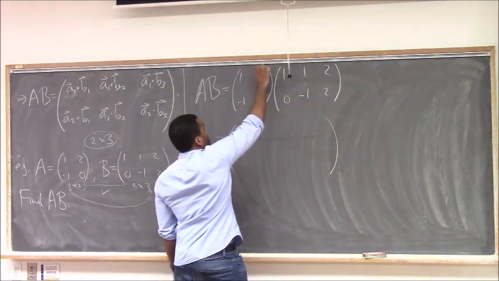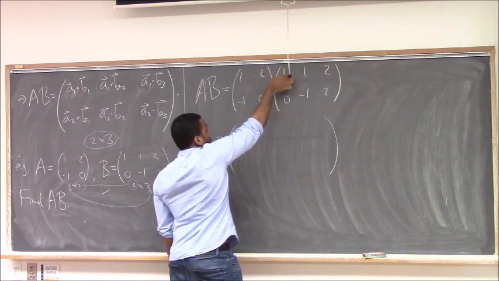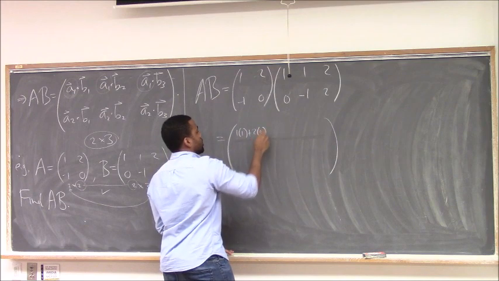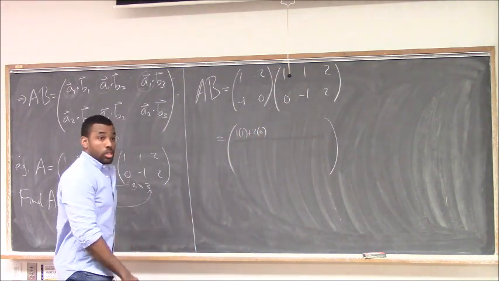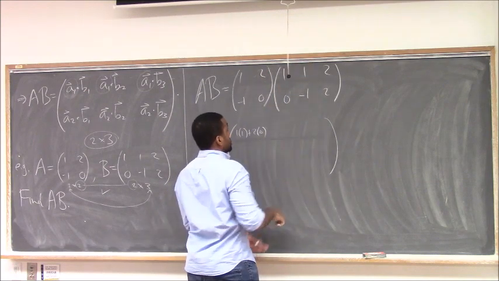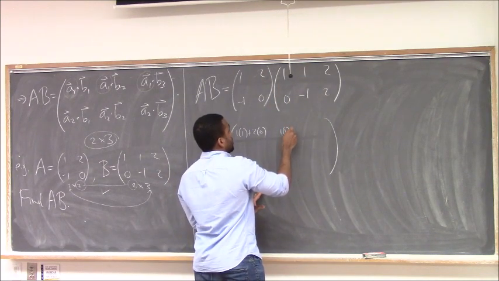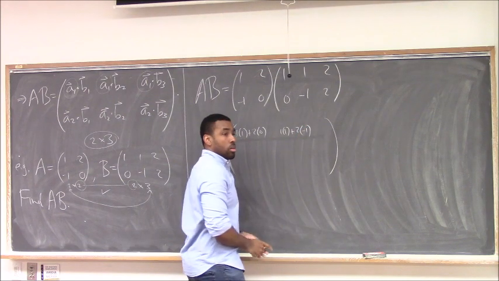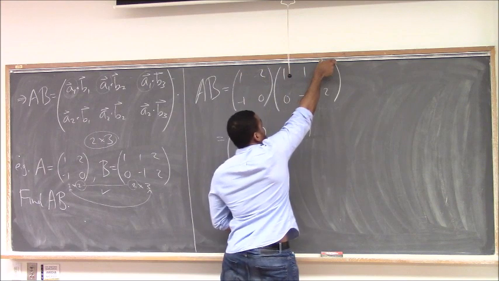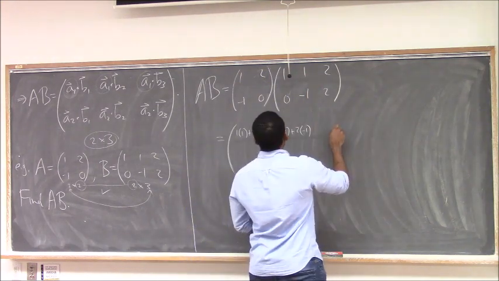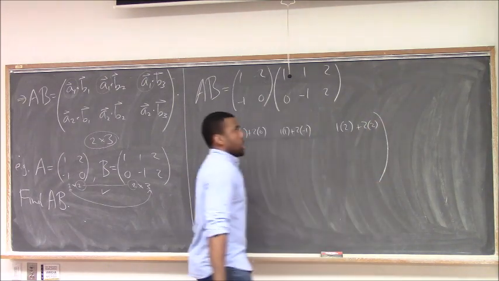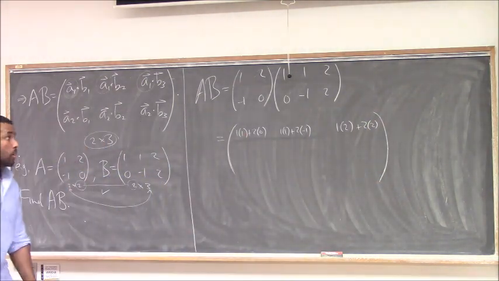So I'm going to take the first row, which is 1, 2, dot product it with this. That gives me 1 times 1, plus 2 times 0. That goes in the first position. First row, dot product with second column, goes in the second position. So that's 1 times 1, plus 2 times -1. First row, dot product with the third column, goes in this position: 1 times 2, plus 2 times 2. And now I end because there are no more columns to go through.